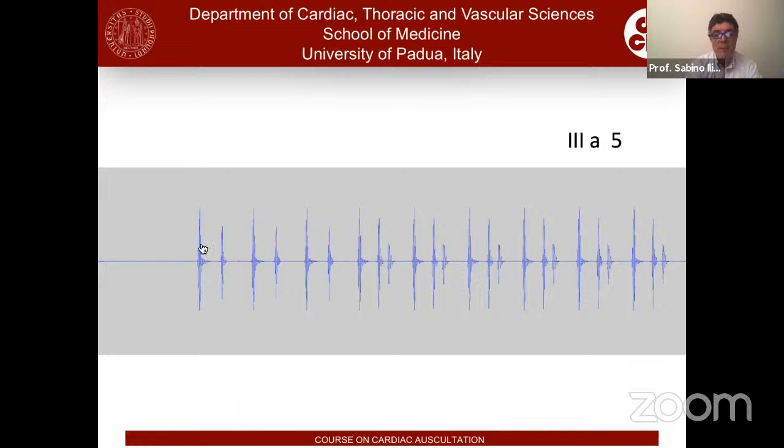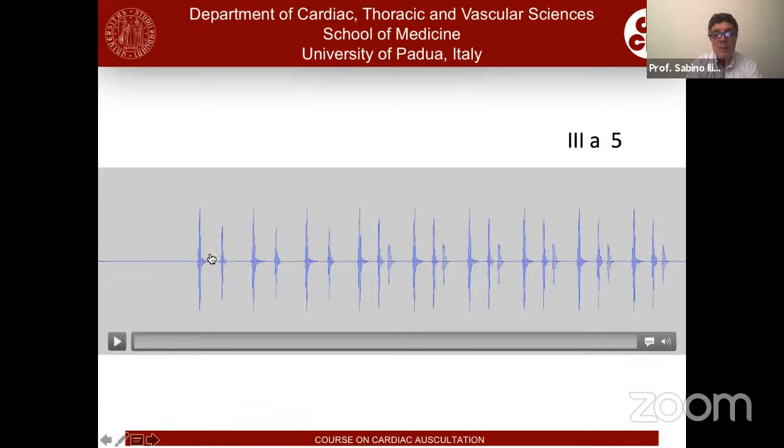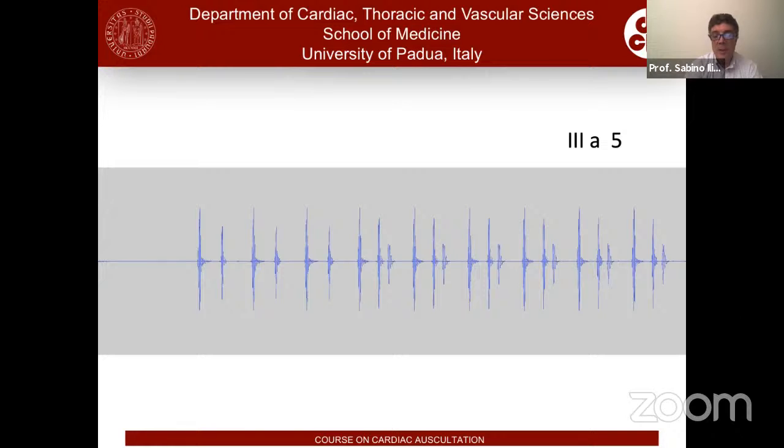In this example, we shall listen to the first 3 beats, first and second sound, and then the third sound will appear, and lastly, the mitral regurgitation. I suggest you listen to this example watching the phonocardiogram, which will help you position the different sounds in your brain.